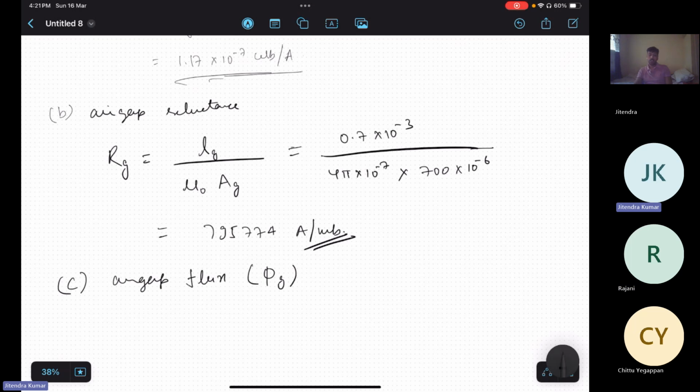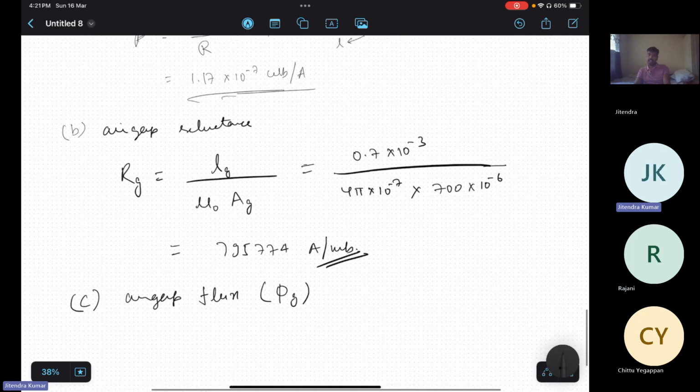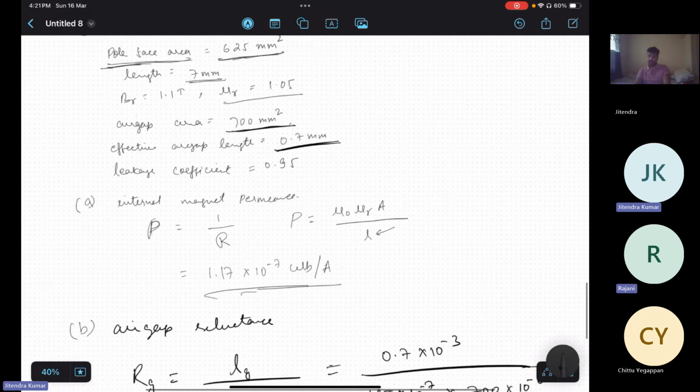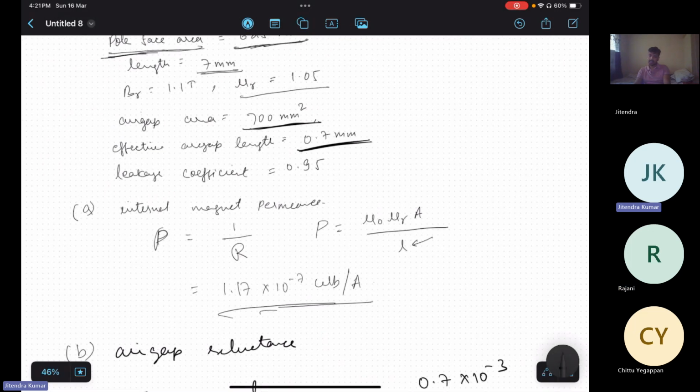What is the expression of air gap flux? If you know all these, reluctance, permanent magnet permeance, as well as this leakage coefficient is also mentioned here, right?